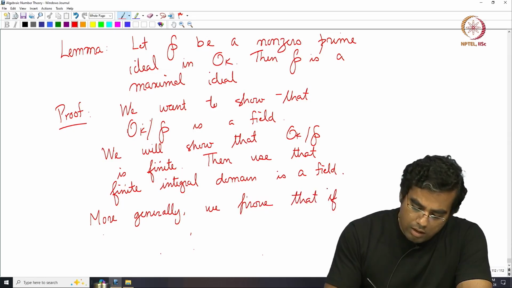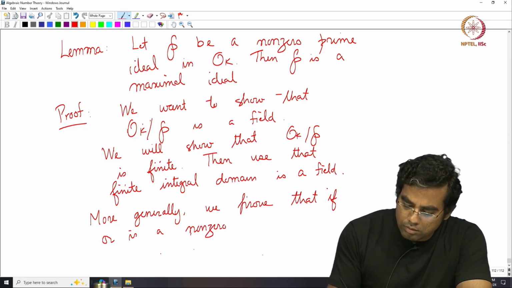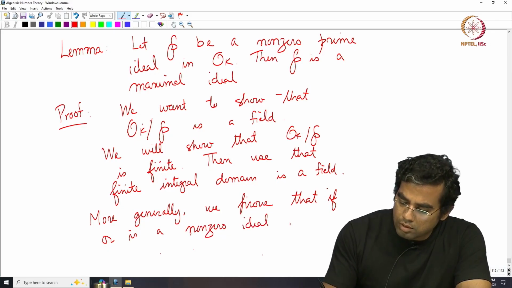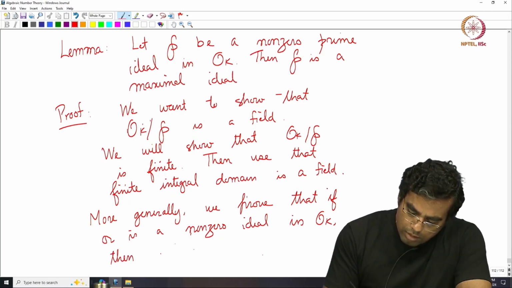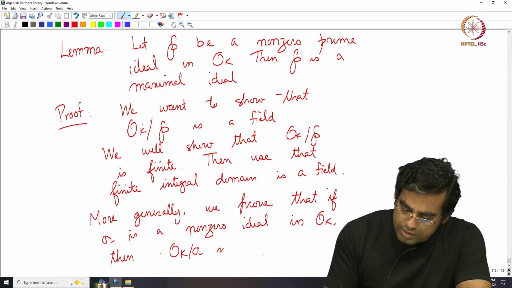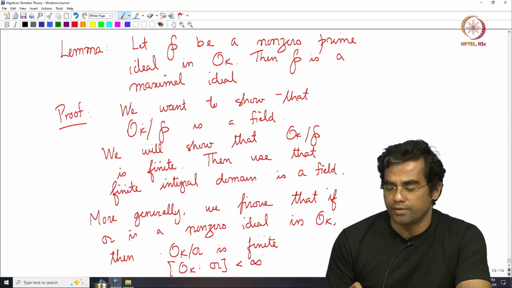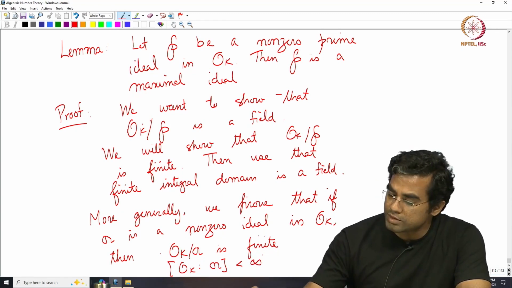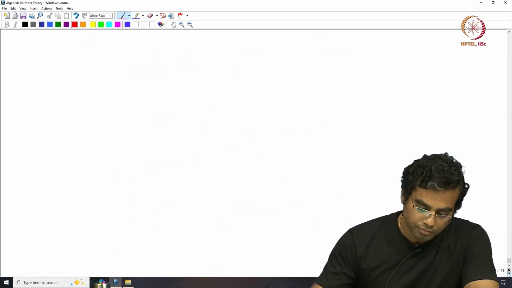If A is a non-zero ideal in OK, then OK mod A is finite. In other words, the index of A in OK is finite. So not just for prime ideals, we prove this for any non-zero ideal.